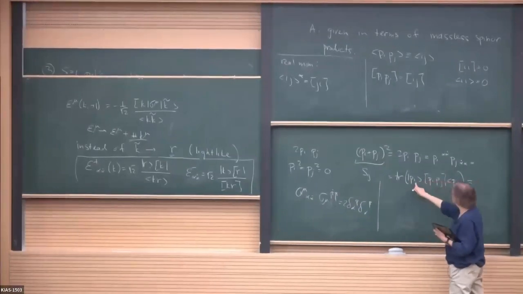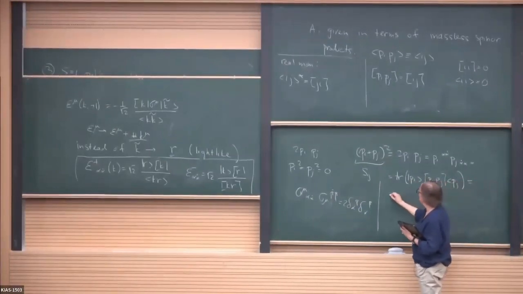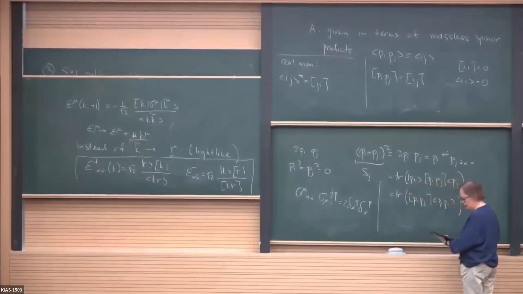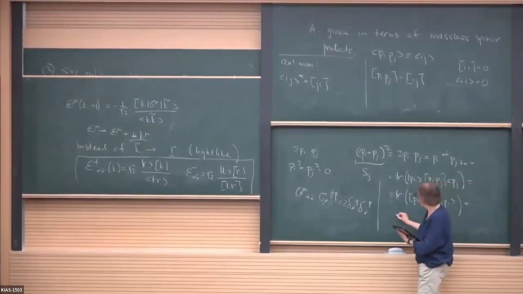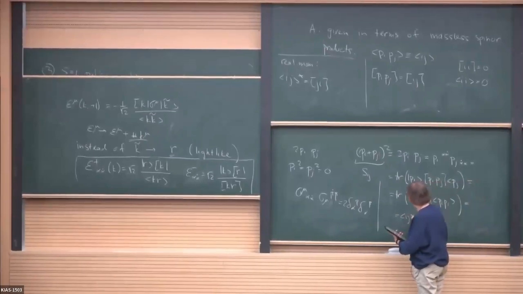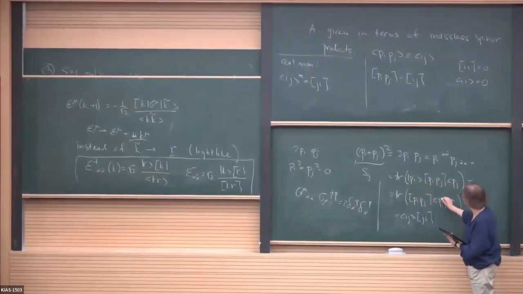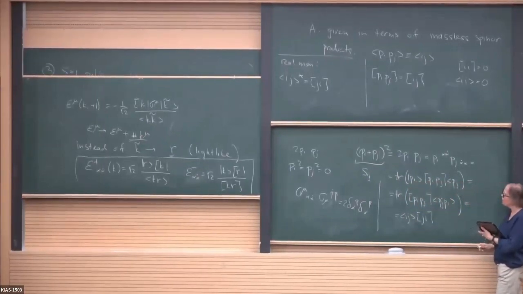So now, since this is a trace, this is equal to the trace of Pi Pj times Pj Pi. And then I just get, so this is the thing that we called ij ji. I got my indices wrong here.